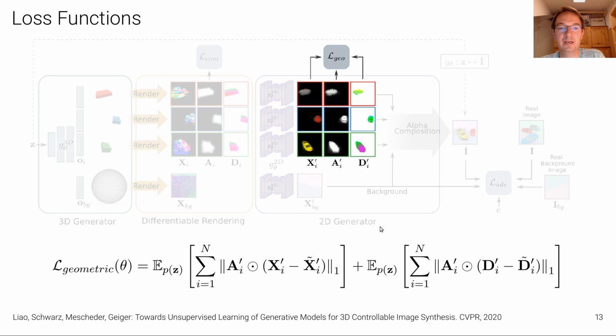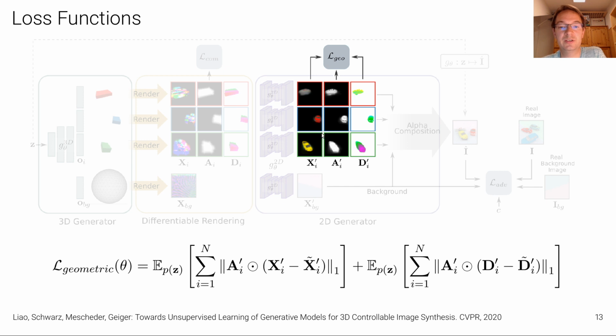And finally, we have a geometric consistency term that enforces 3D geometric consistency. Remember that we have these 2D convolutions, which means that after rendering, the 3D consistency might be violated because of this deformation through the 2D convolutions.